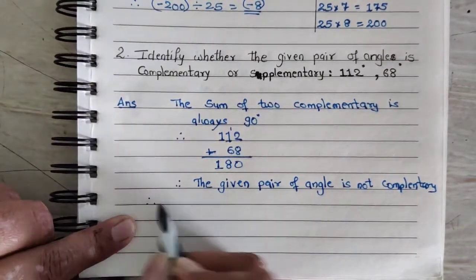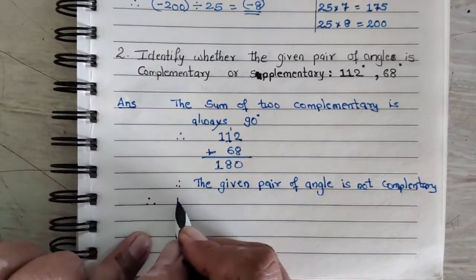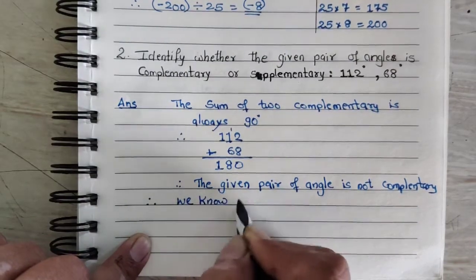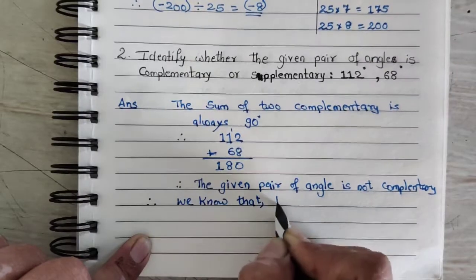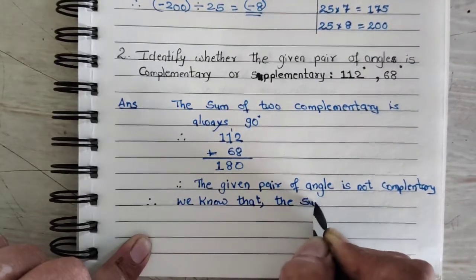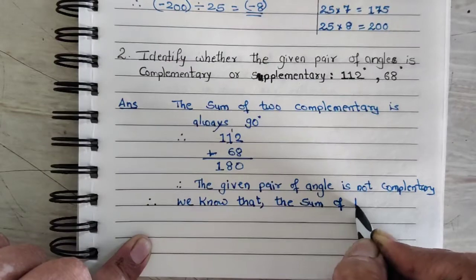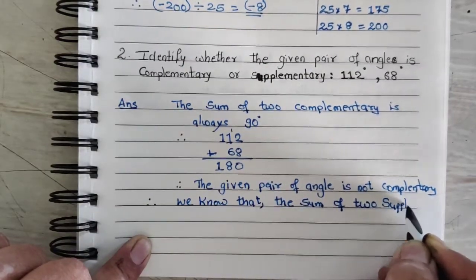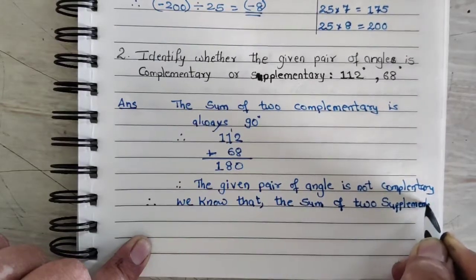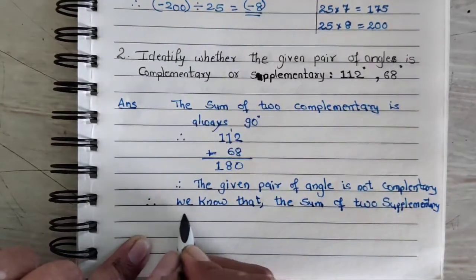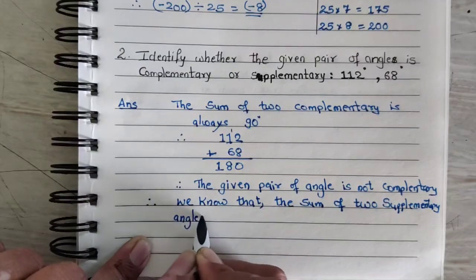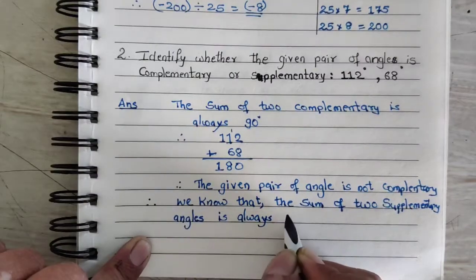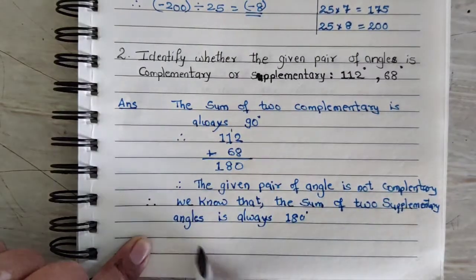So we can write now: we know that the sum of two supplementary angles is always 180 degrees.